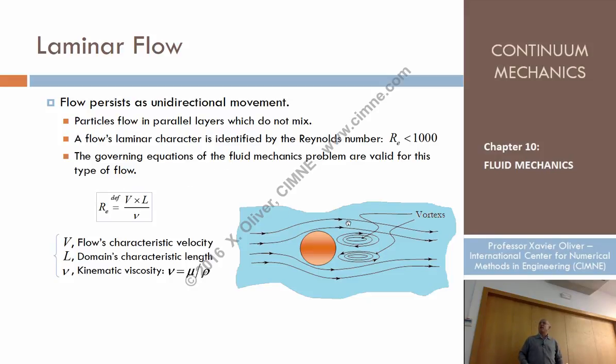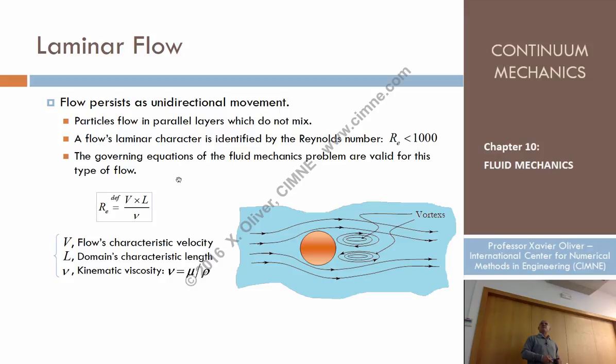But typically, no one mixes with the others. And this is where our theory, the equations that we have developed for fluid mechanics, the Navier-Stokes equations, are valid. Otherwise, they are not.